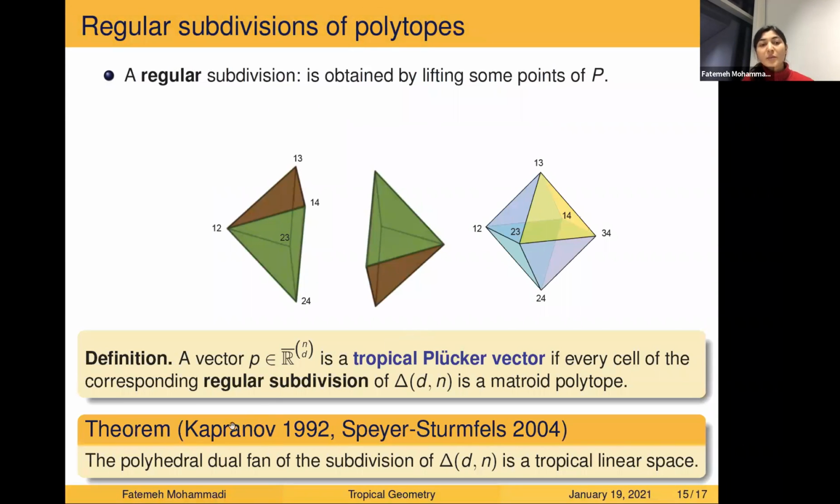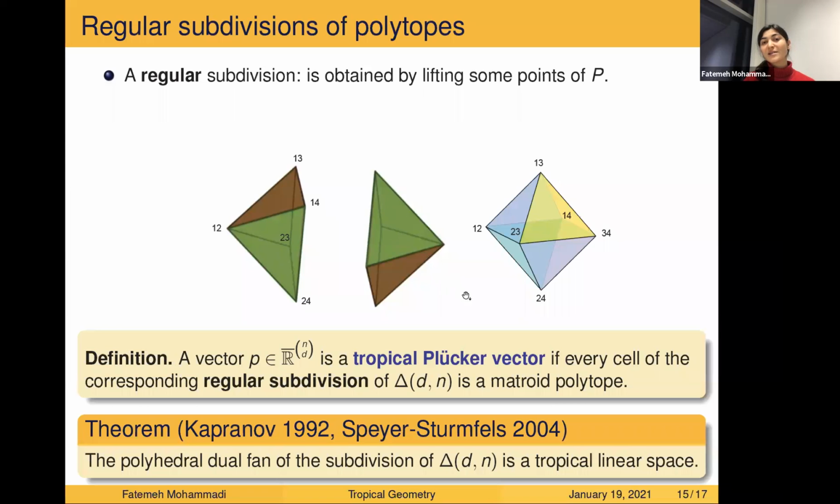Okay, so what I mean here is that you start from this tropical Plücker vector, and you subdivide your hypersimplex. Here, it's divided into two parts. Then you look at the dual fan of this subdivision. For this part, the dual fan is just this line that I have drawn before.